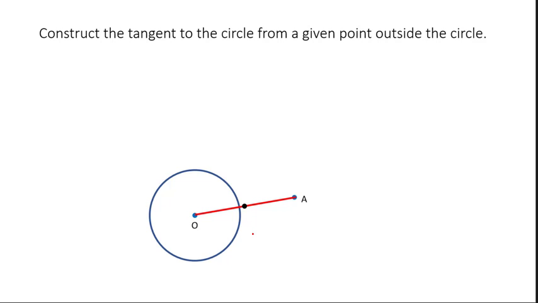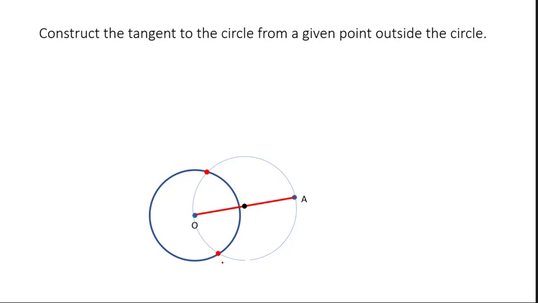From here, we put our compass with the center at the midpoint and the pencil at point A, so the radius is from the midpoint to point A. Then you create a circle. The circle you create goes through points A and O, and what you're looking for are these two intersection points, right here and right here on the circle.